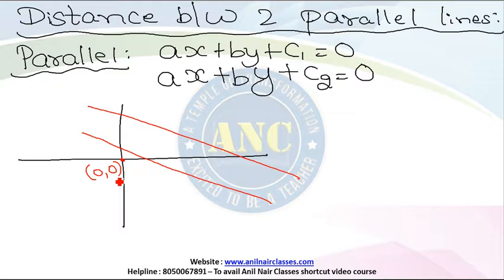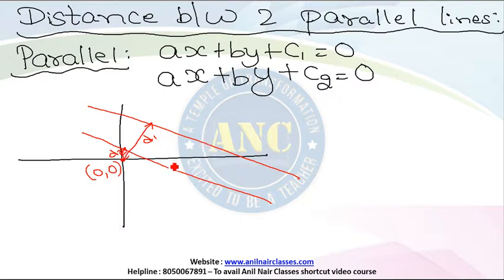Now, if I take the distance from the origin to this line, I will call it d1. If I take the distance from the origin to this other line, I will call it d2.